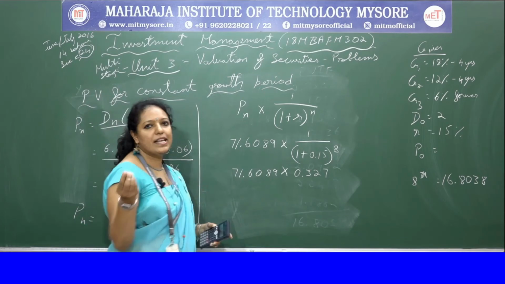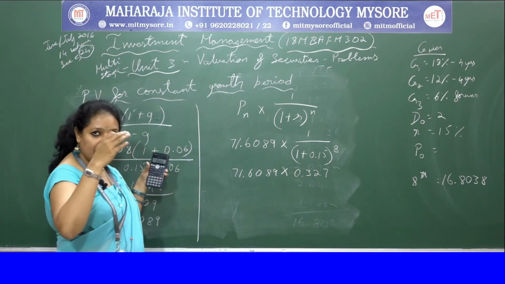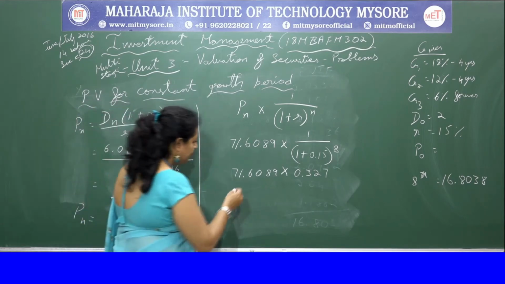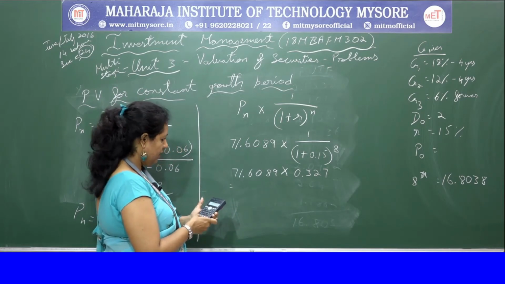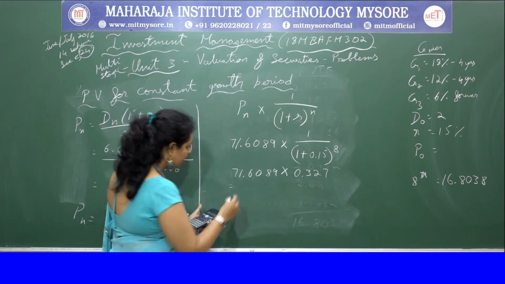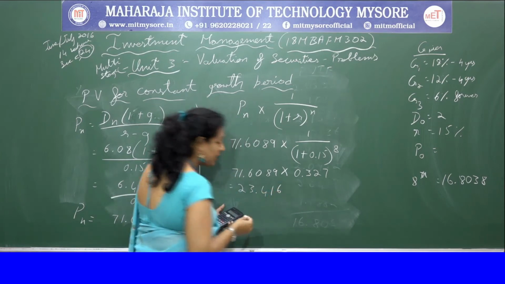Just see the present value interest factor in the previous table which we did for the 8th year. Just multiply these two: 71.6089 into 0.327, you get 23.416.